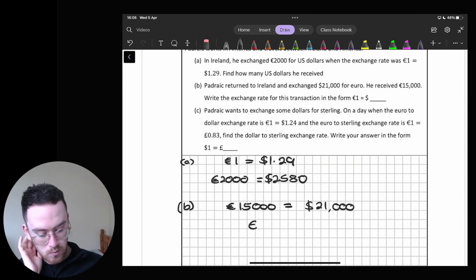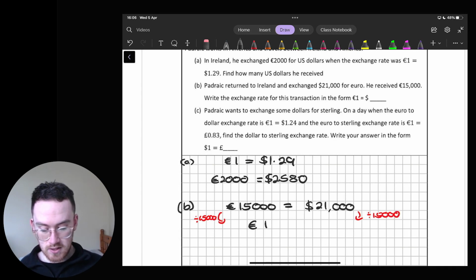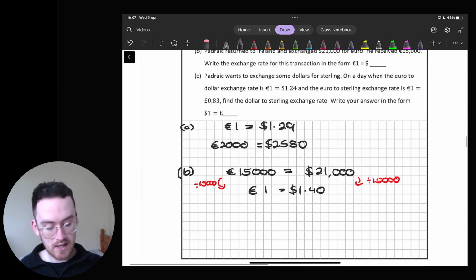I want this to be €1, so I would need to divide this side by 15,000. If I do that, I must do the same to the other side, because I have to do the same thing to both sides. That's just our basic algebra and equation rules. What that gives me is that €1 is equal to $1.40.